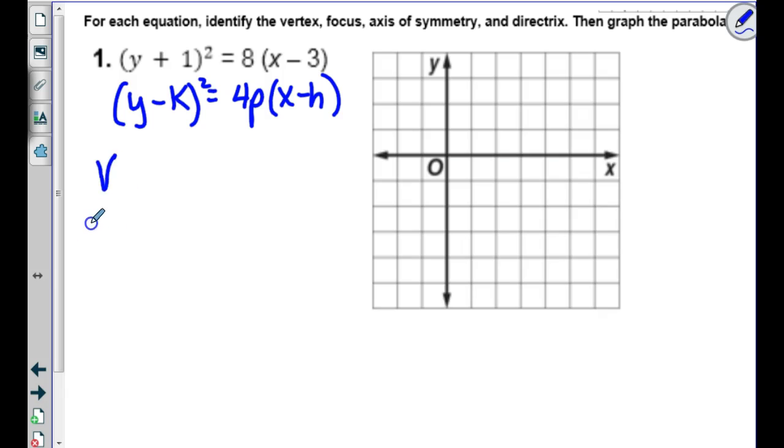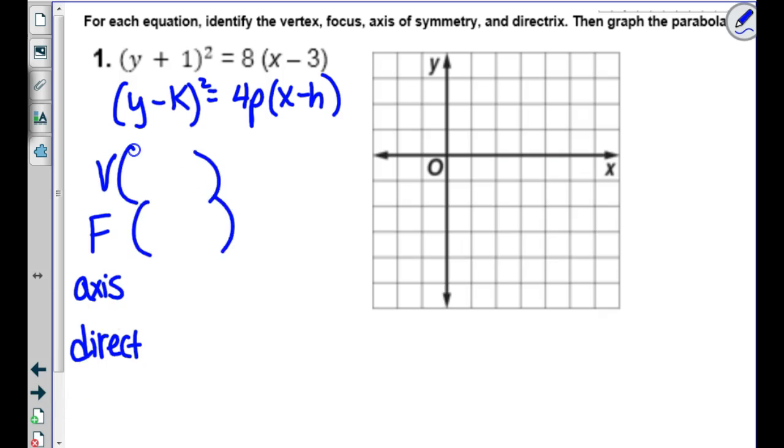It wants the vertex, the focus, the axis of symmetry, which I forgot to talk about on the last one, and the directrix. How many of those are points and how many are lines? These are points and these two are lines, so they need equations like x equals or y equals, okay?